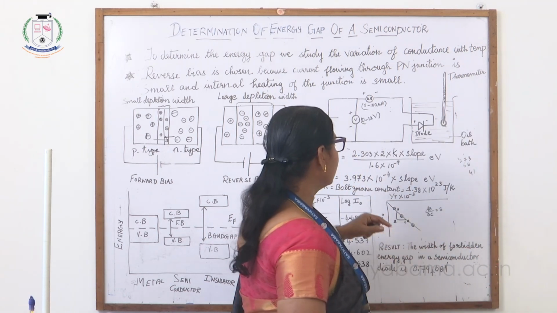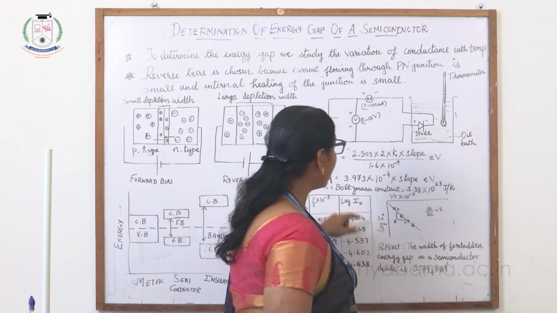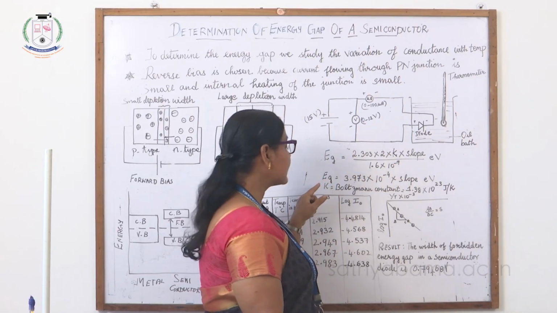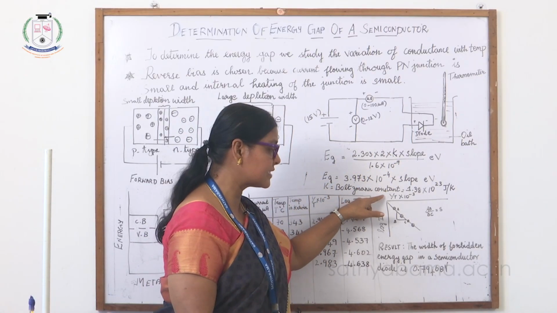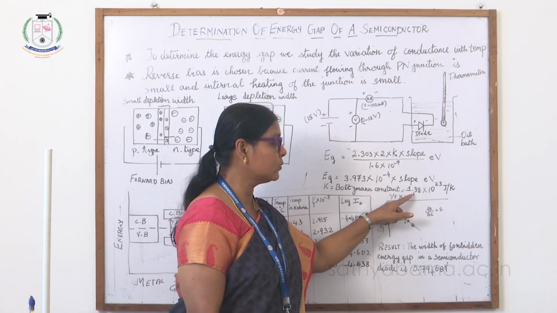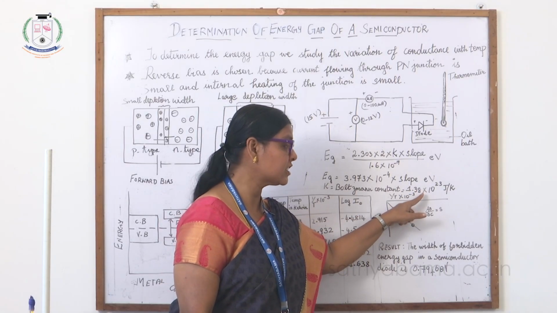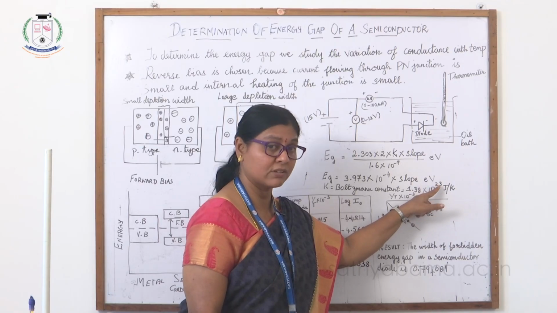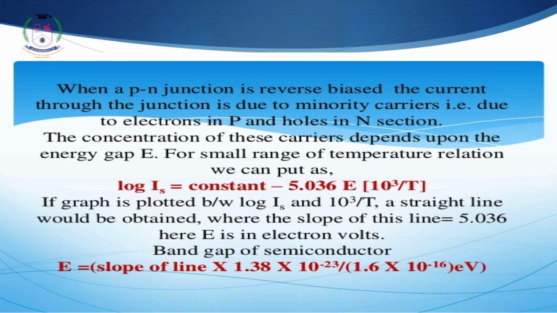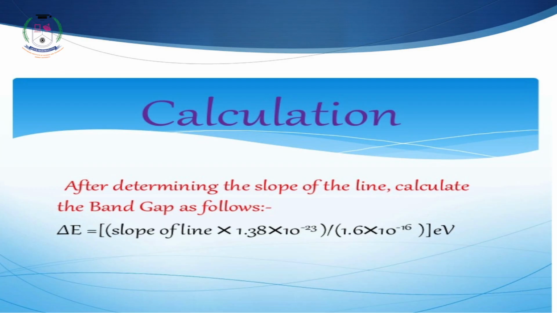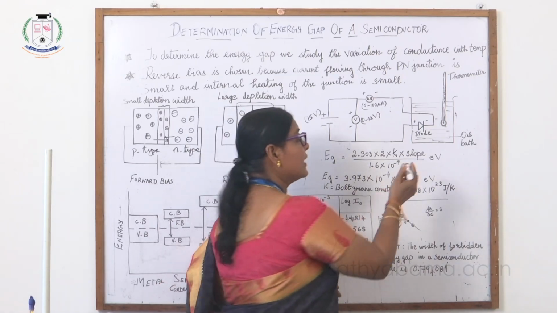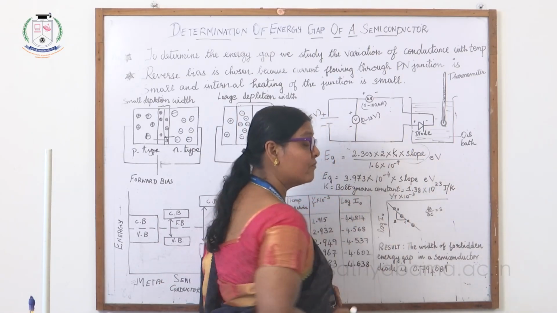Therefore, I am going to substitute the value for K, where K stands for Boltzmann constant, equal to 1.38 into 10 power minus 23 joule per Kelvin. When you do this calculation, we get Eg is equal to 3.973 into 10 power minus 4, and we are left with this slope value.